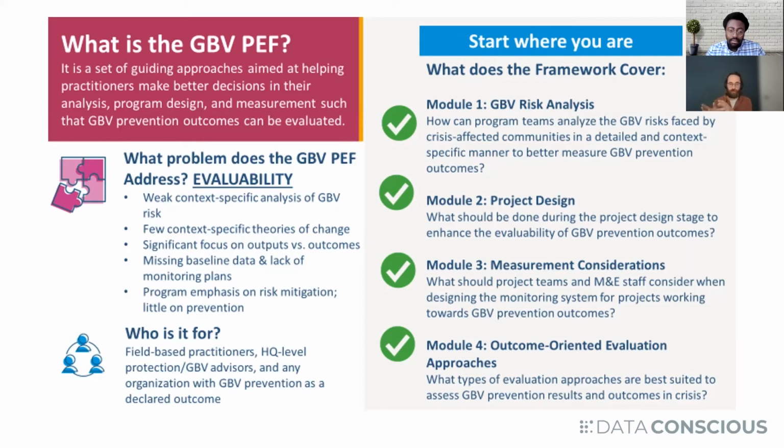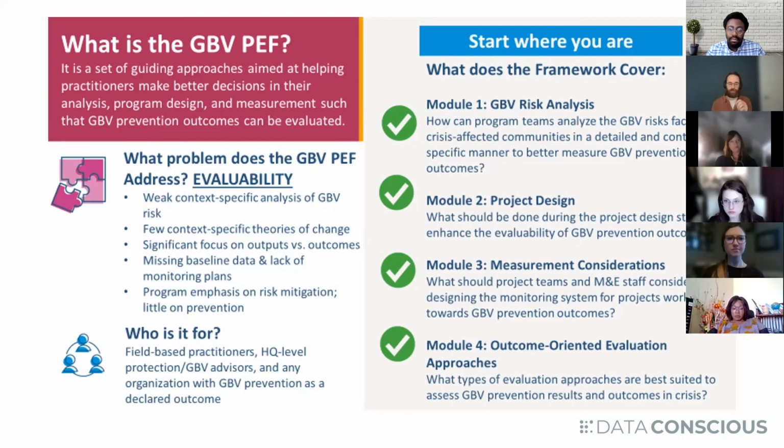So when you click on the Interaction website and you go find that framework, you'll be able to see a section on how to do risk analysis, how to do project design, how to set up a monitoring system, and how to choose between different types of outcome-oriented evaluation approaches. So there's a lot there. We're not going to go through all of that today, but that's the context that we're in. And today we're going to focus on one of those outcome-oriented evaluation approaches, namely outcome harvesting.